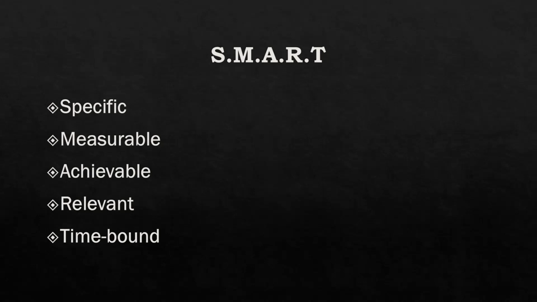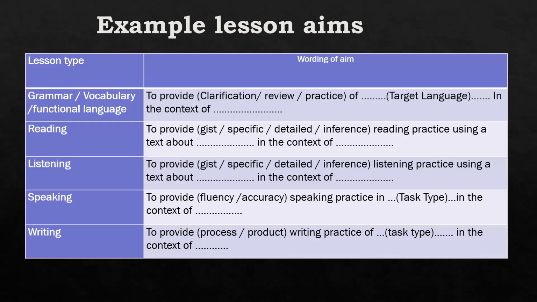So, for example, we can have some templates to use, and it doesn't matter what your aim is. You can use all these templates to save yourself time and thinking when you're writing your aims. So these are some examples related to different lessons. If you're teaching grammar, vocabulary, or functional language, you can say to provide, and you choose what you are providing. Is it clarification? Is it reviewing something?